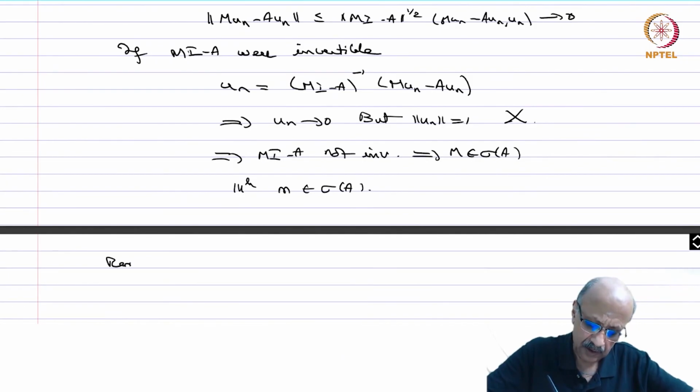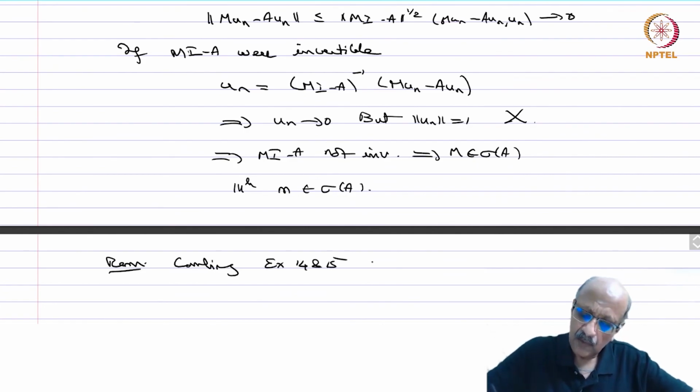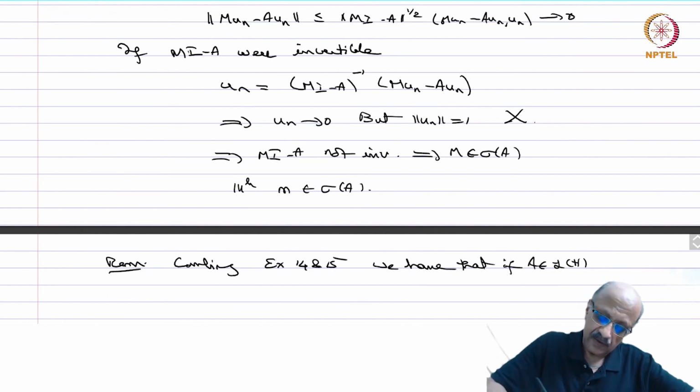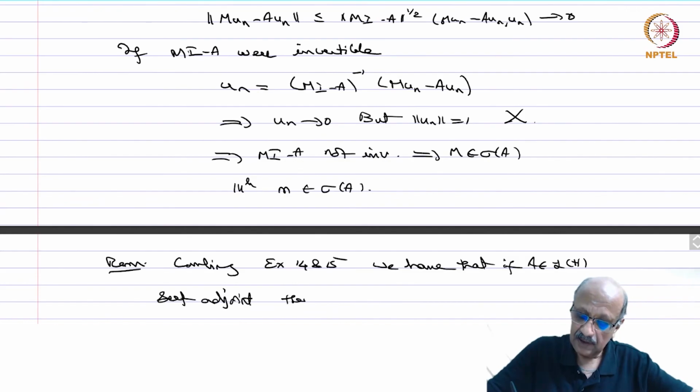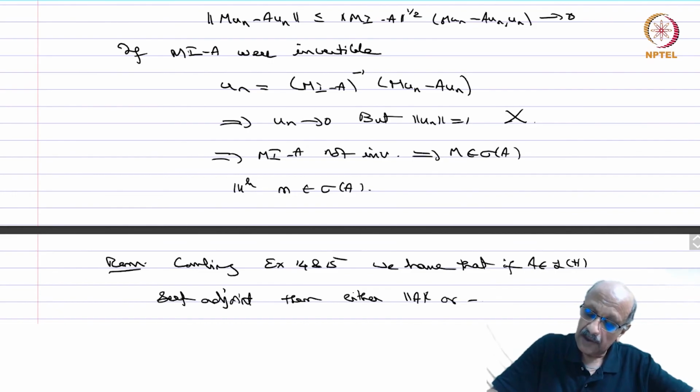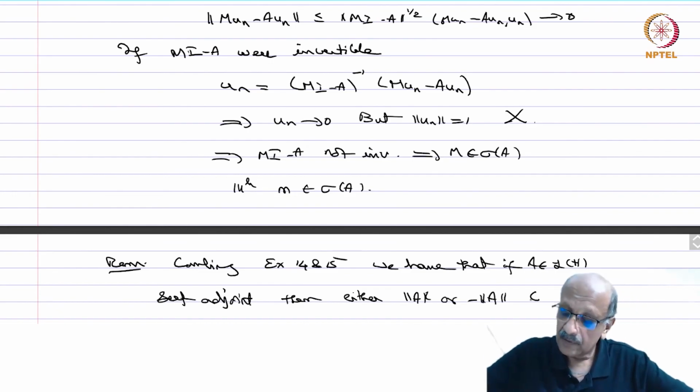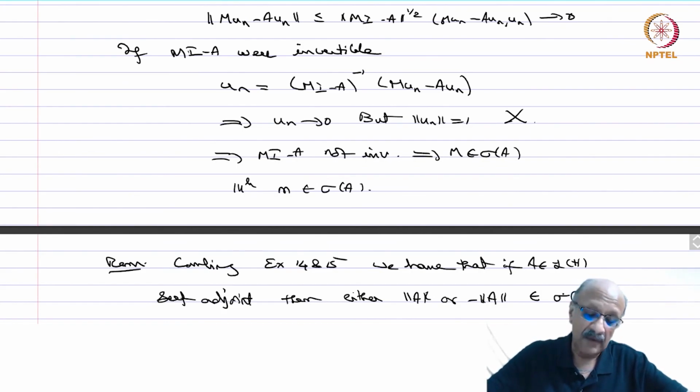So remark, combining exercises 13, 14 and 15, we have that if A is in L(H) self-adjoint, then either norm A or minus norm A belongs to sigma of A. Because either norm A will be equal to capital M, or minus norm A will be equal to small m.